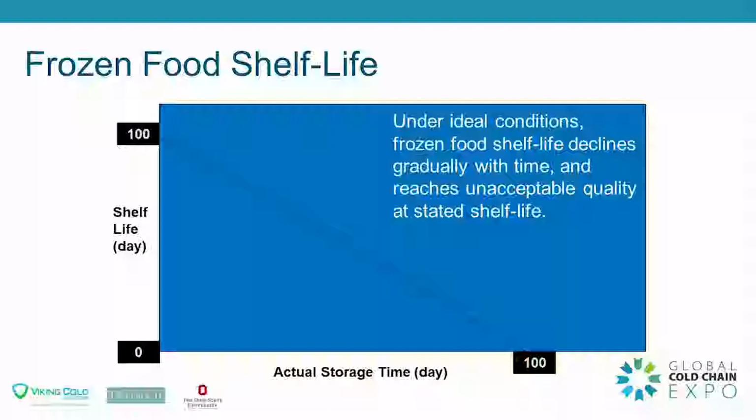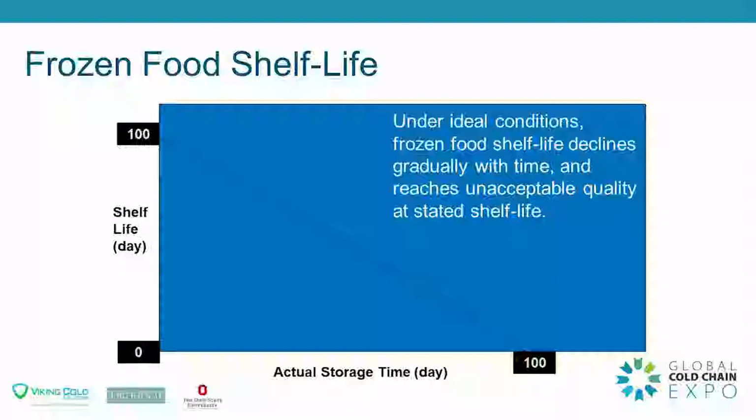In this slide, I just suggested, let's say at the time the product's packaged and then frozen, it has a 100-day shelf life based upon its quality attributes. From that very day that it's frozen, the quality of that food continues to decline.